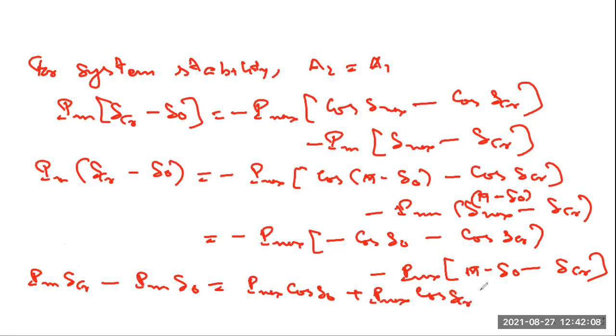This will be minus pi into P max, this will be delta 0 into P max, plus P max delta CR. So this will cancel both sides, and from here you will get this cos delta CR. Okay, is it clear?